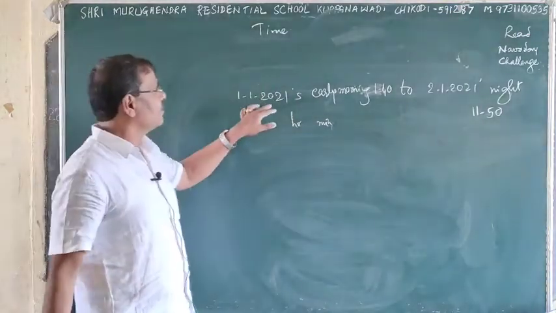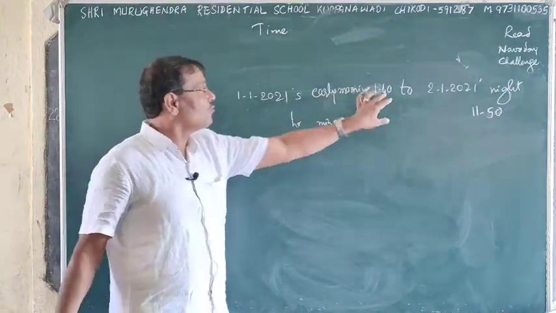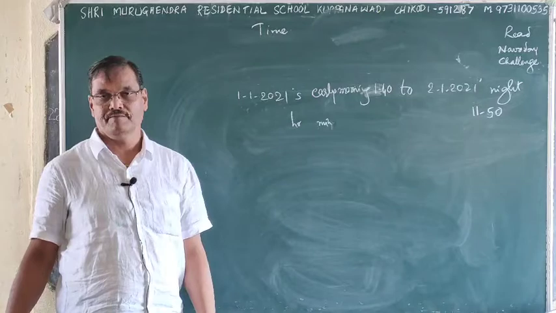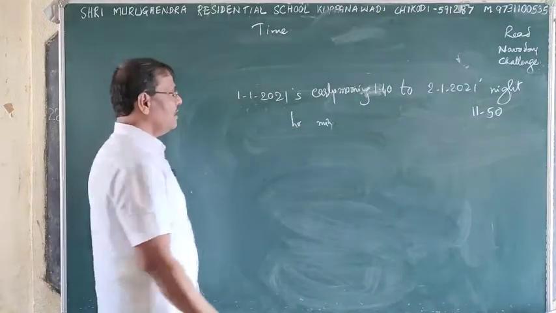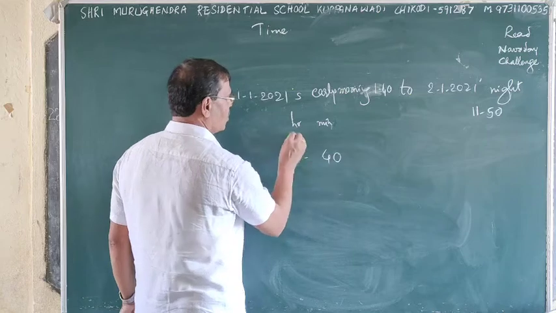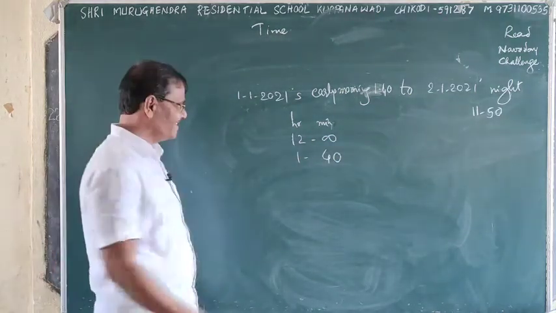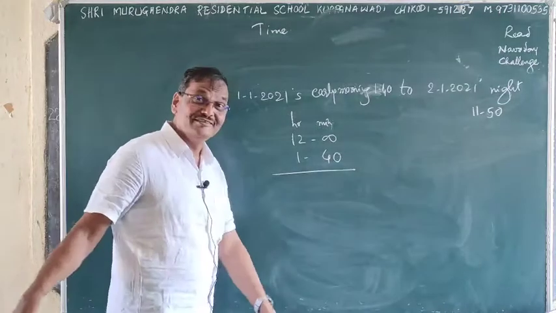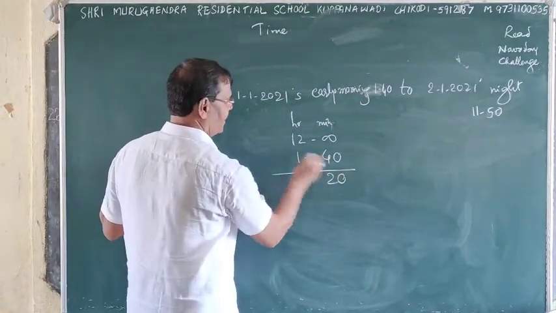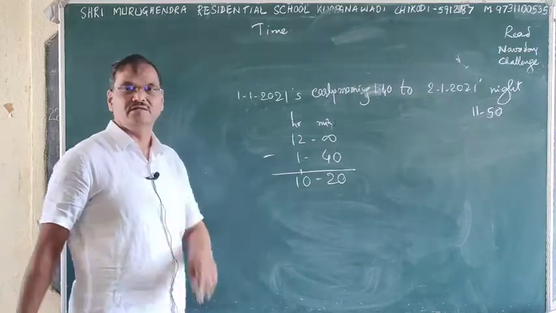See, the work starts from 1/1/2021, so 1:40 early morning. Then 1:42, 12 morning, isn't it? Before lunch, 20, and this is 10 hours 20 minutes he worked.